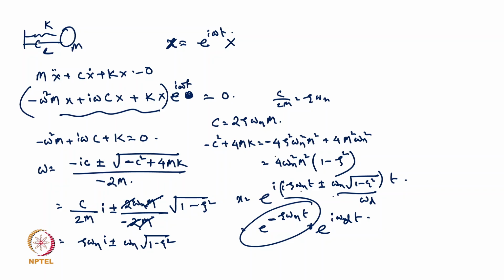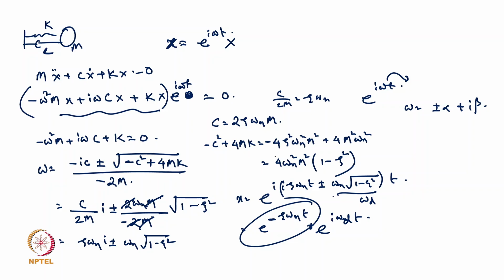Once we are writing this as e to the power of i omega t, then omega is written like plus minus alpha minus i beta, or plus i beta. So omega is written this way, plus minus alpha plus i beta.